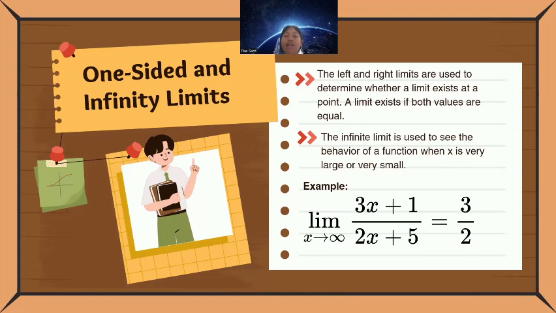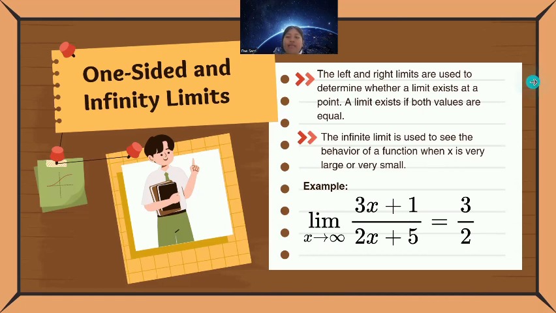Meanwhile, infinity limits describe the behavior of a function when x becomes extremely large or extremely small. For example, the limit as x approaches infinity of 3x plus 1 divided by 2x plus 5 is equal to 3 over 2.